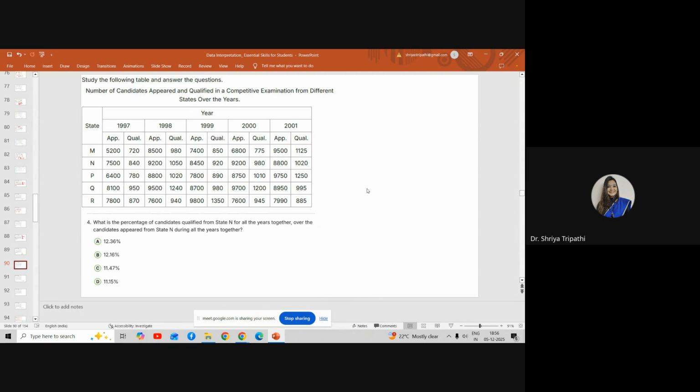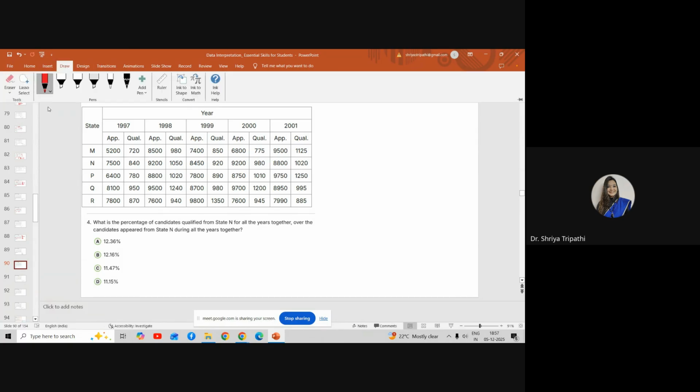What is the percentage of candidates qualified from state N for all the years together, over the candidates appeared from state N during all the years? Qualified versus appeared. Good, Sri Devi and Arpita. Read the question carefully.